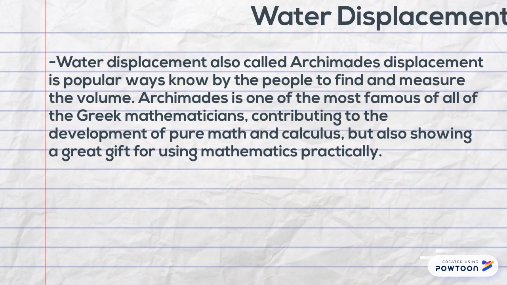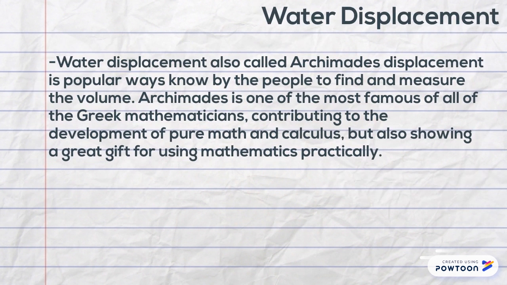Water displacement, also called Archimedes displacement, is a popular way now used by people to find and measure volume. Archimedes is one of the most famous of all the Greek mathematicians, contributing to the development of mathematics.